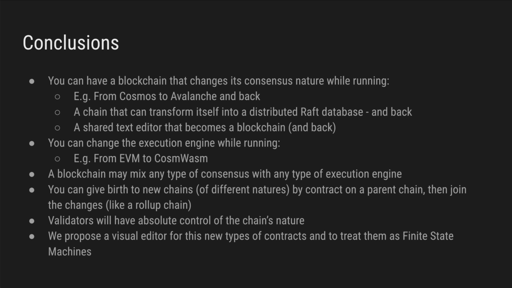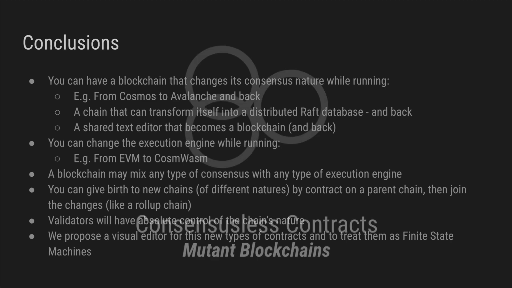A blockchain can mix any type of consensus with any type of execution engines, but even more interesting, you can give birth to new chains of different natures than the parent chain by having a contract on the parent chain, and then you can even join the changes like a roll-up chain. And we propose a visual editor for these new types of contracts and to treat them as finite state machines.